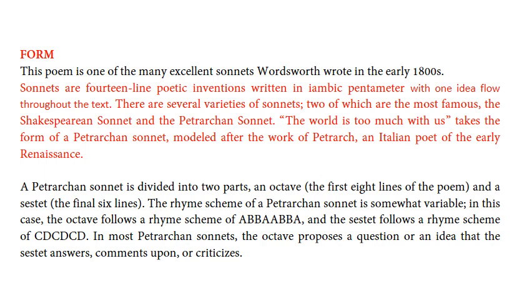Now, the writer, when he uses this form, usually starts his poem with an octave that shows what the problem is, that proposes some question or an idea, and in the sestet you may find an answer or a comment or a criticism.